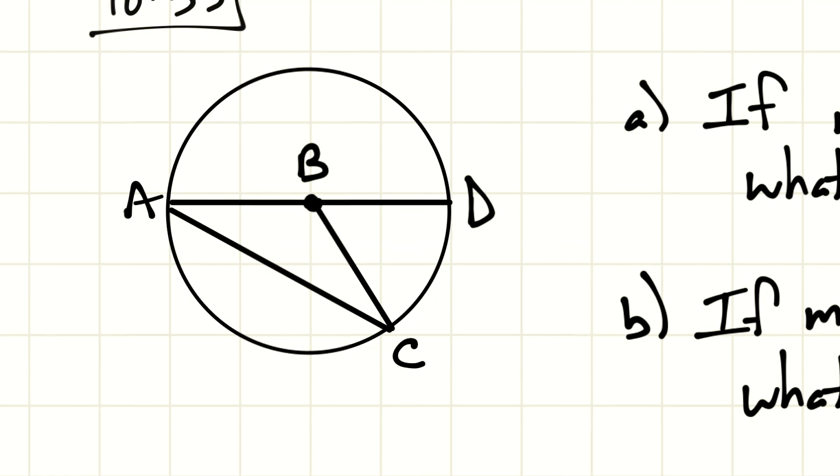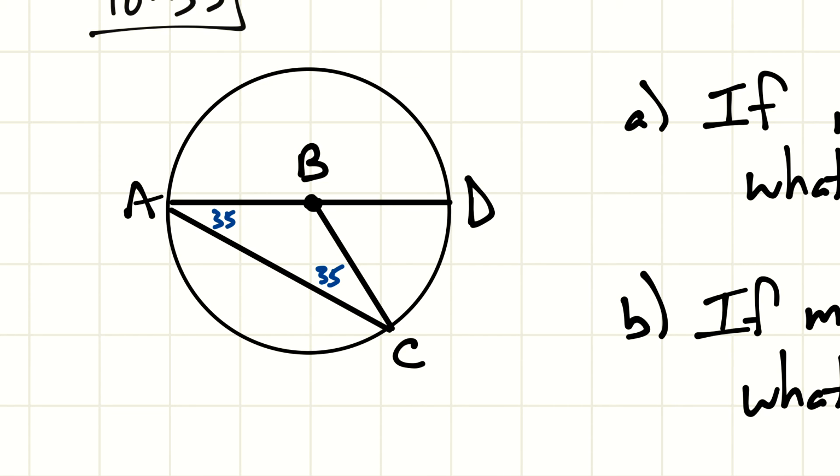The exterior angle sum theorem says the two remote angles add up to give you the exterior. So if I add 35 and 35, it will give me the measurement of this angle. It's that easy.